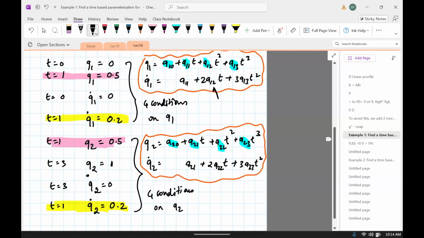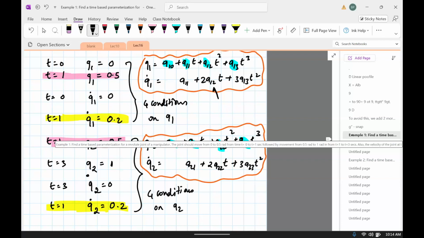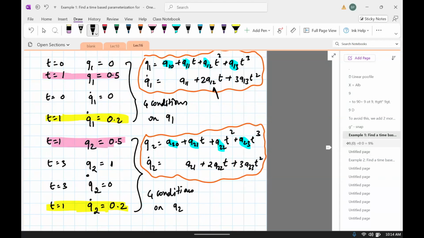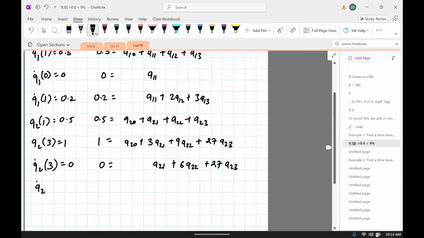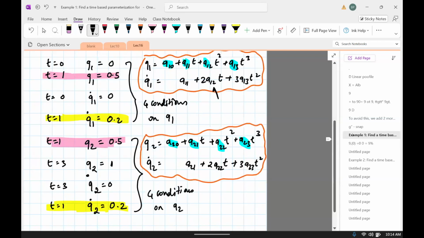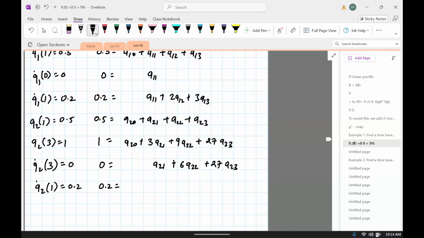And the last one is Q2 dot at t equals 1 is 0.2. So 0.2 equals, I need to take this expression and put time t equals 1. So A21 plus 2 A22 plus 3 A23.